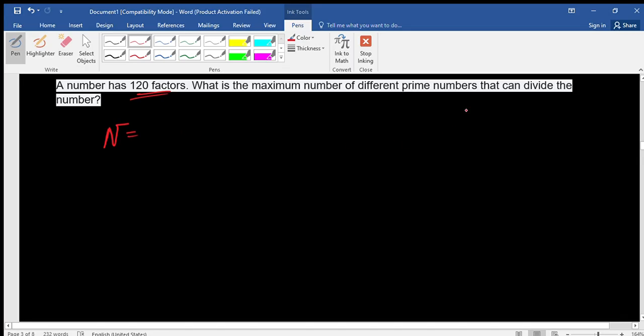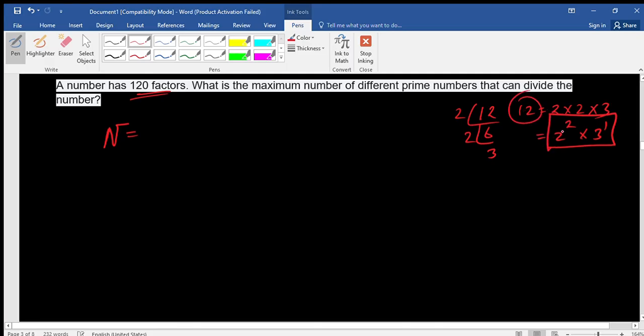So let's consider a number like 12. If you factorize 12, you'll get 2 times 6, 2 times 3, and the prime factorization of 12 is 2 times 2 times 3, or you can write 2 to the power 2 times 3 to the power 1. So this is the prime factorization of 12.